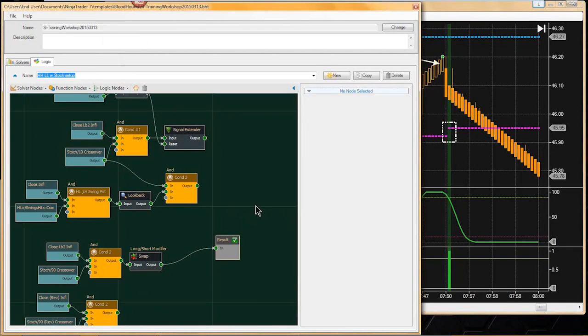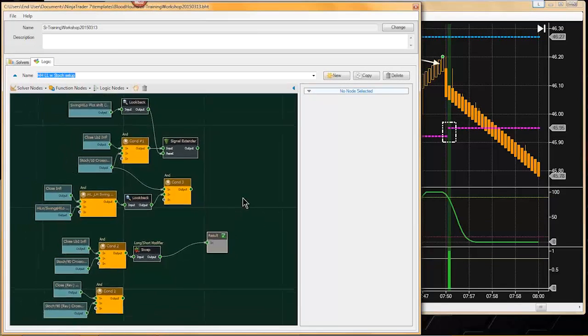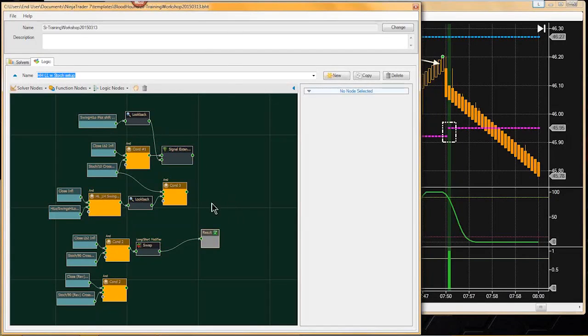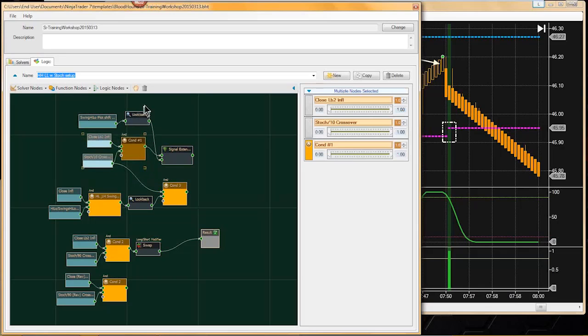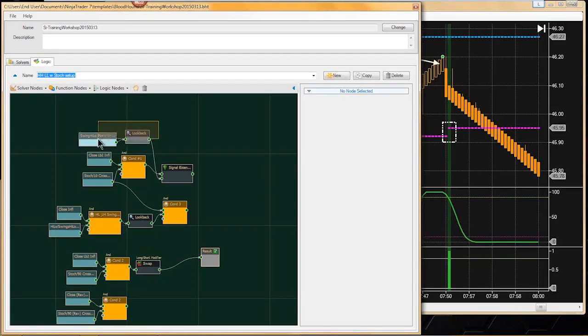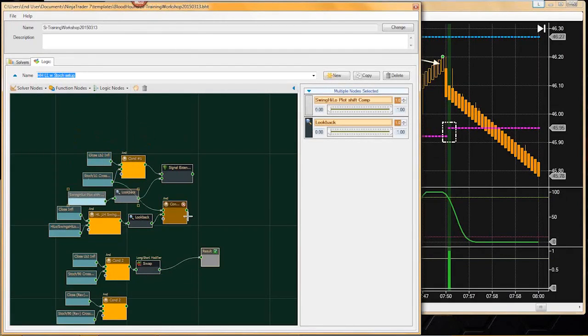So let's see. I want to try and organize my nodes here a little cleaner.